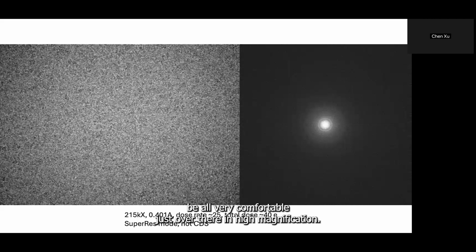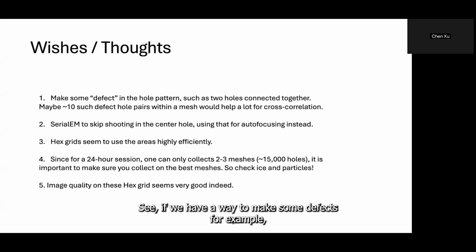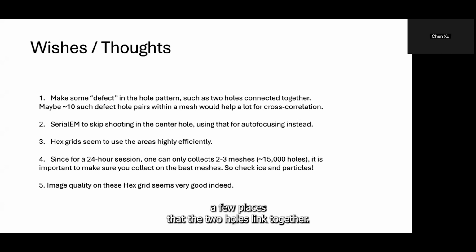Now, at the end, I have a few wishes and thoughts that I want to share with you. If we have a way to make some defects, for example, a few places where two holes link together, like broken together, become a feature. If you have randomly about 10 of these feature pairs, hole pairs, in one mesh, those become a feature of the image and will help a lot for the cross correlation, possibly.